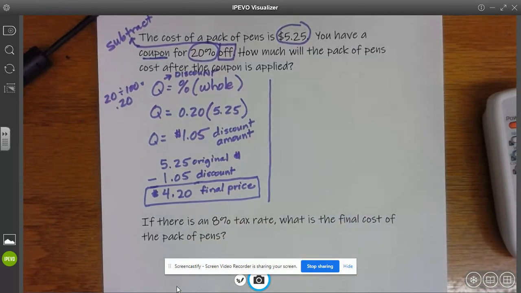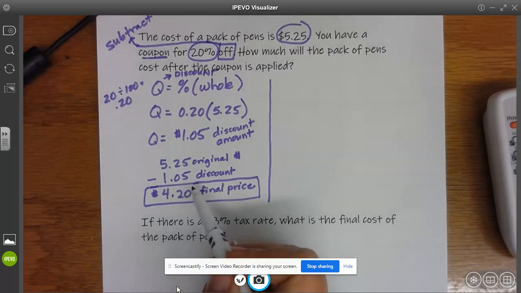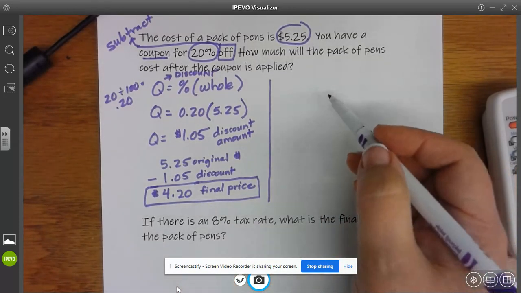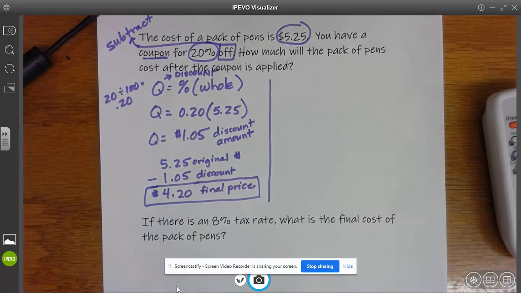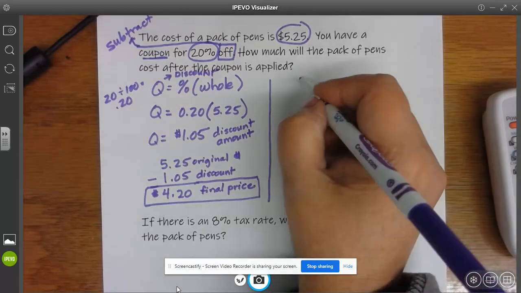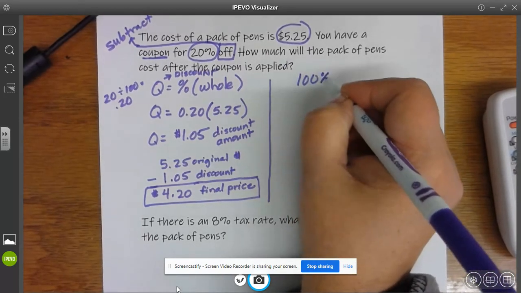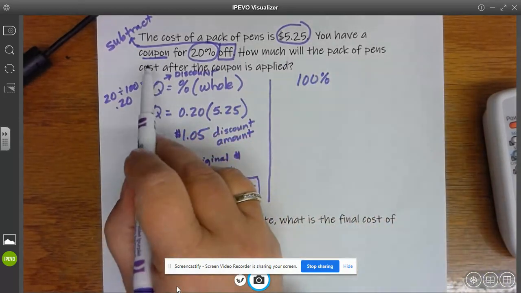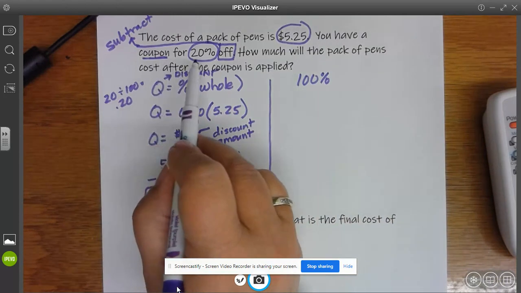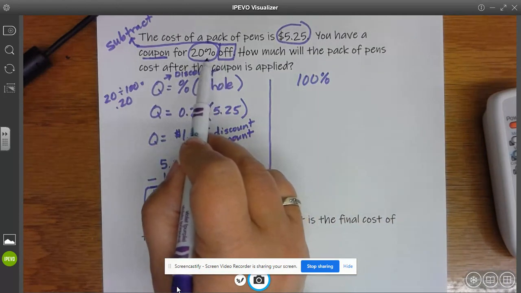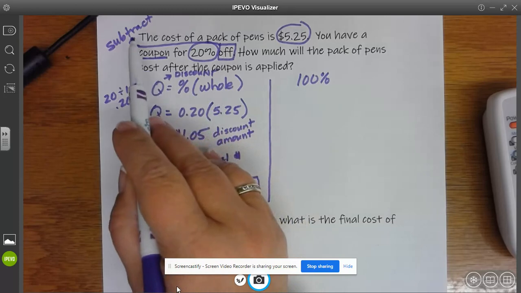Another way is to go ahead and subtract in the beginning. Over here, we subtracted at the end. Here, we can subtract at the beginning. So if these pens were not on sale, you would have to pay 100% of the price. Okay, so if I'm paying 100%, but then now I have my coupon that I brought with me that's for 20% off. And remember, if you're taking it off, that means you're subtracting.